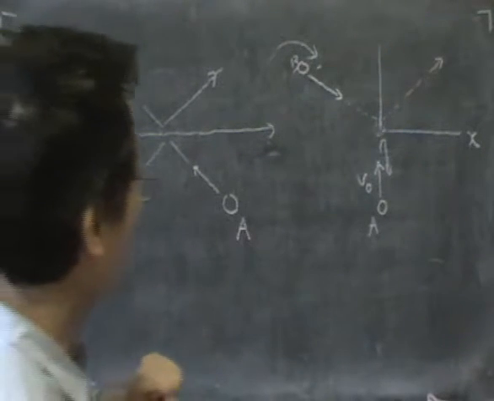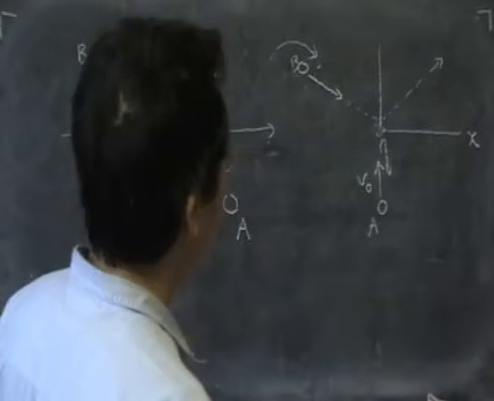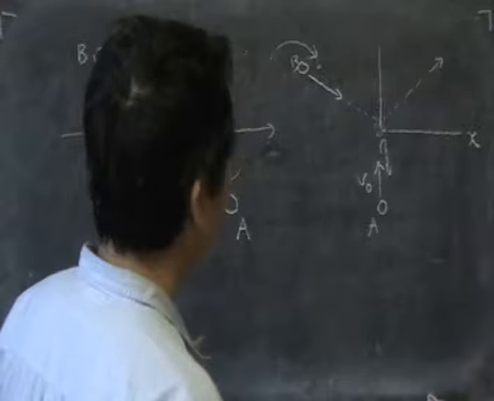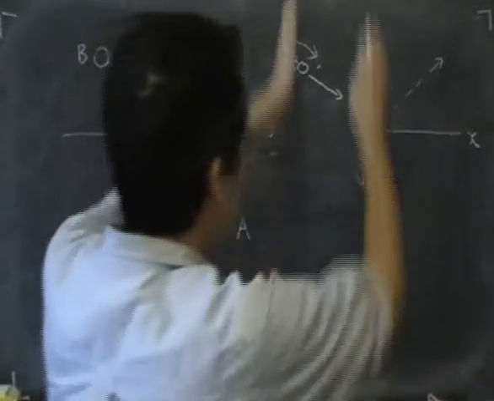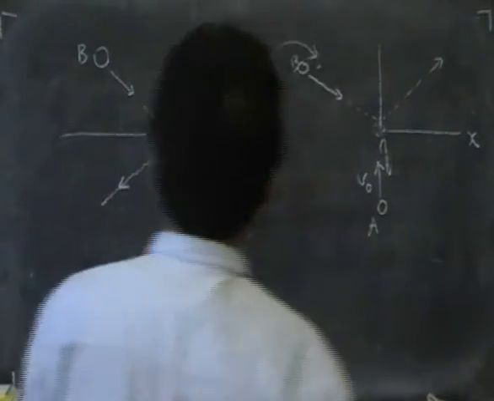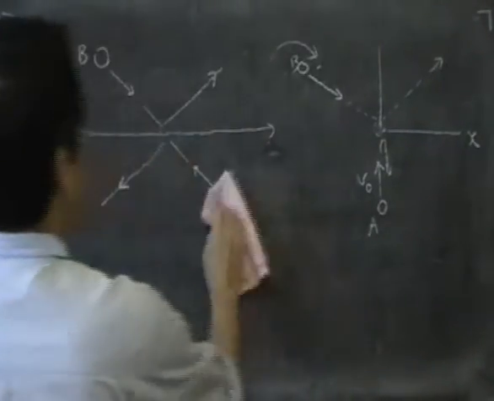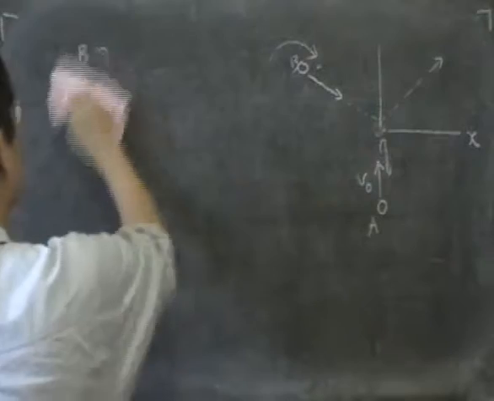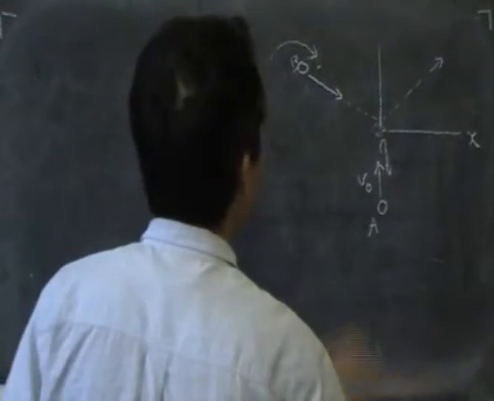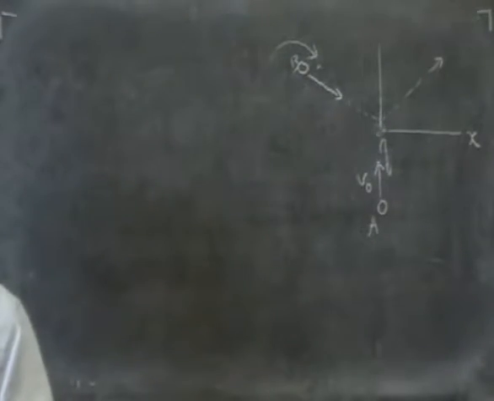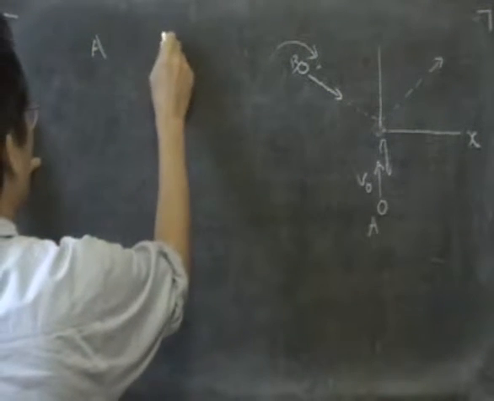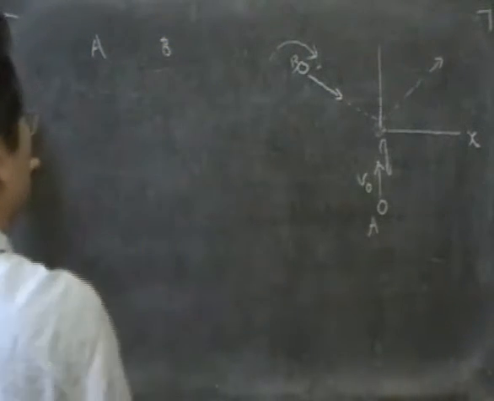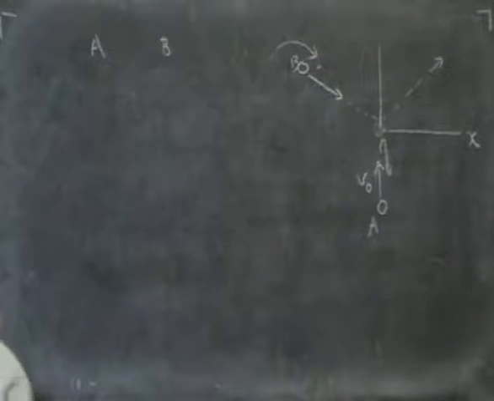So let's write down the momentum for the balls. We'll be looking at just the vertical momentum. Ball A and ball B.